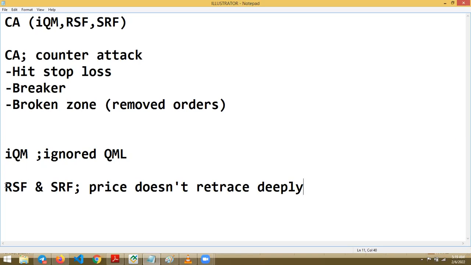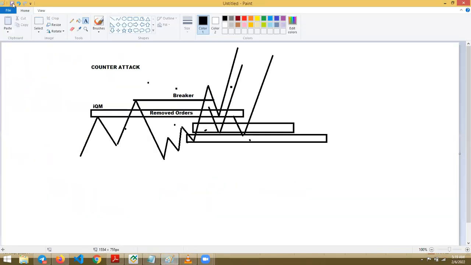Here, price basically just swaps along that area. RSF is what we call the resistance, support flip. Very simple concept. Here, basically, resistance becomes what we call support.